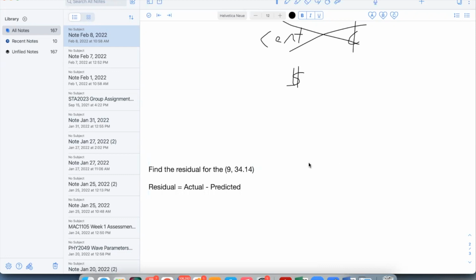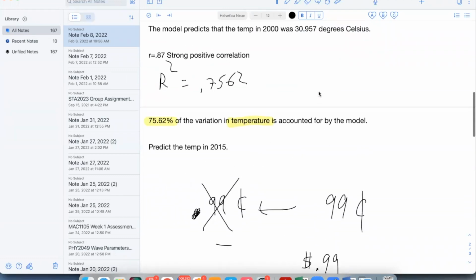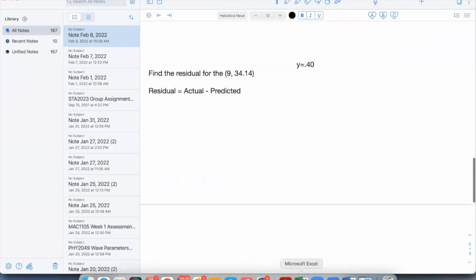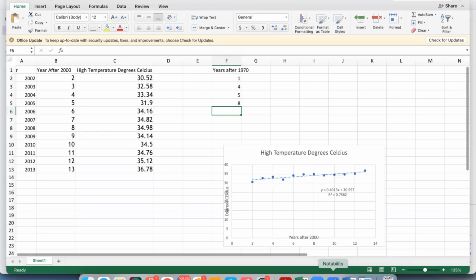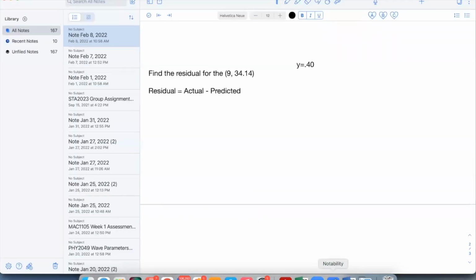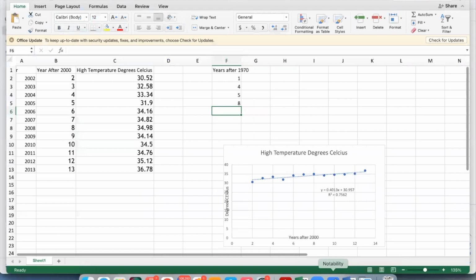I'll do it over here. y equals 0.4013x, where x is 9, plus 3.957.